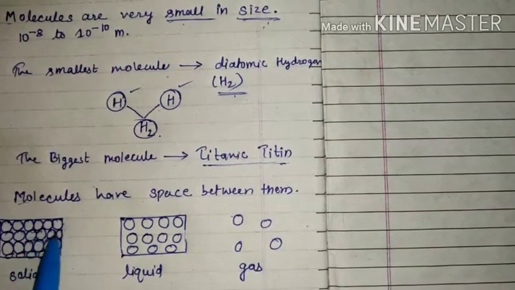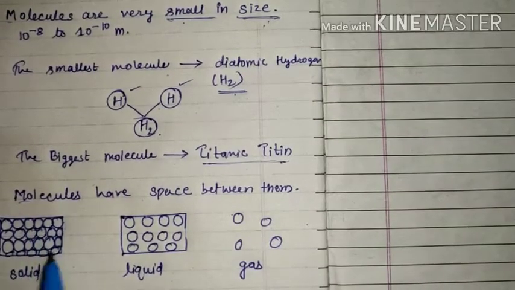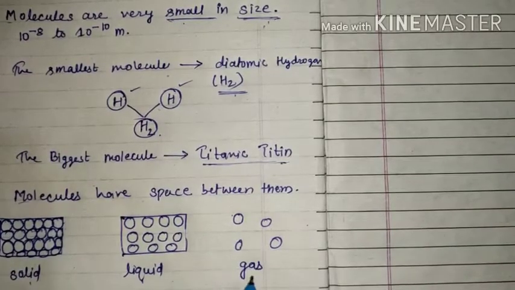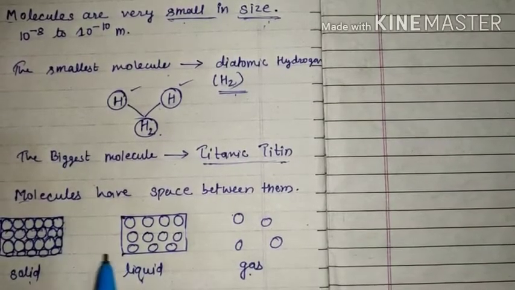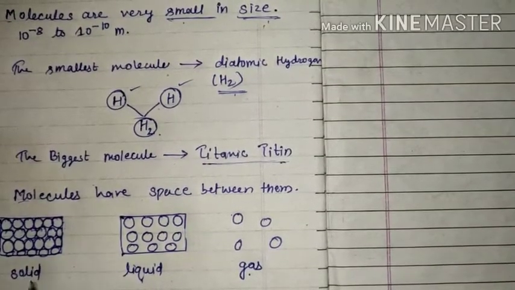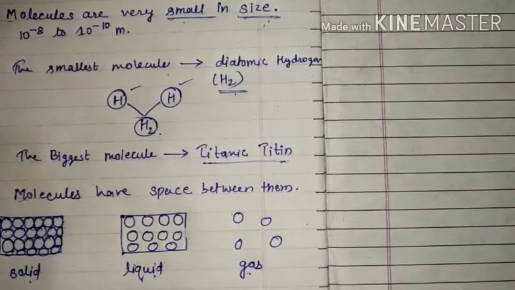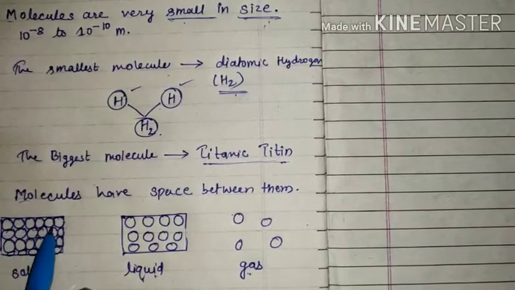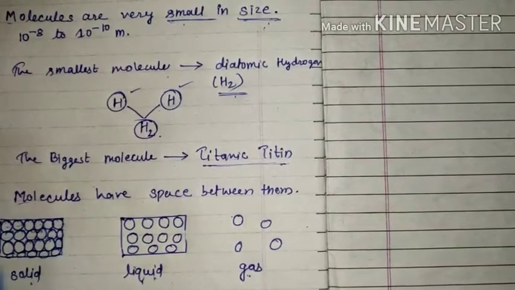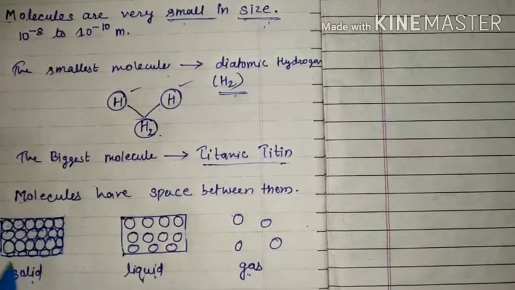In the next class we will study solid, liquid and gas, where we learn in detail the characteristics of solid, liquid and gas. But here, the space between these molecules is very small, and this type of material is solid.